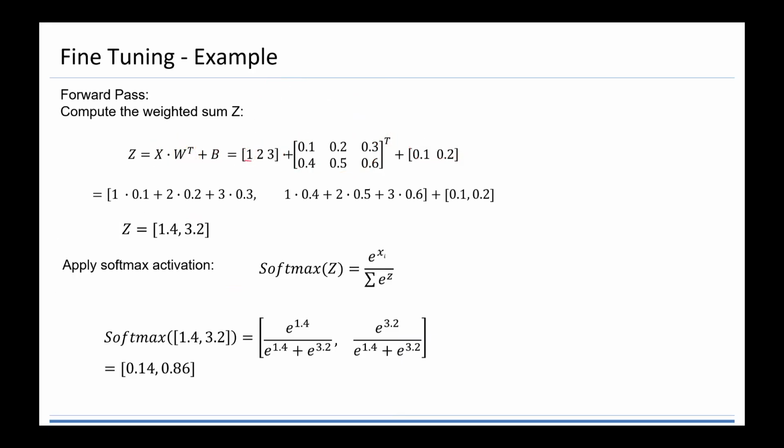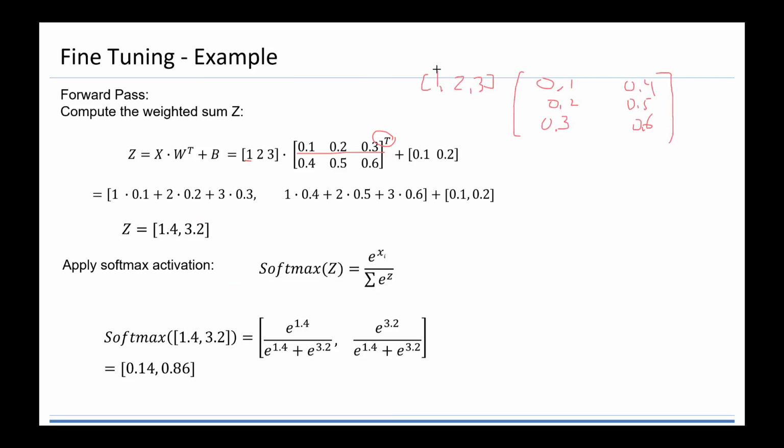So 1, 2, 3 multiplied by the transpose, which means 0.1, 0.2, 0.3, and then 0.4, 0.5, 0.6.